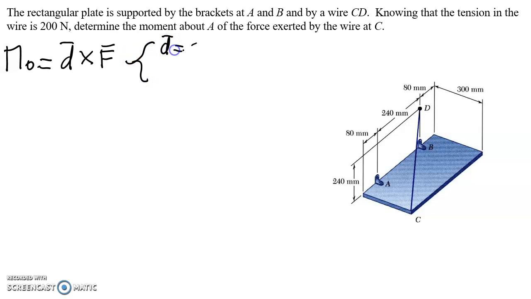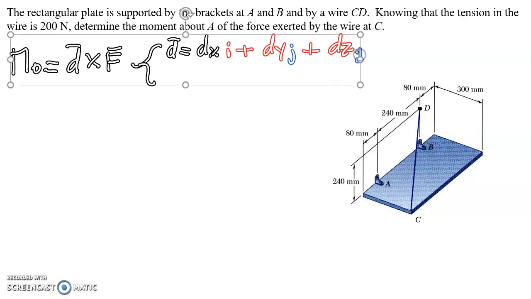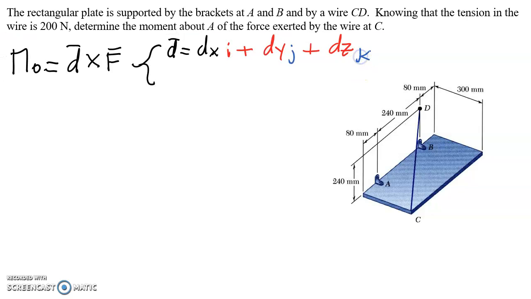d will have a dx component going into i, a dy component going into j, and a dz component going into k.